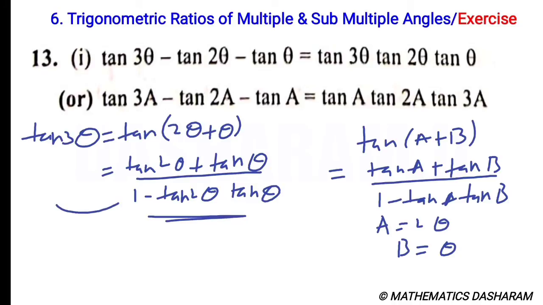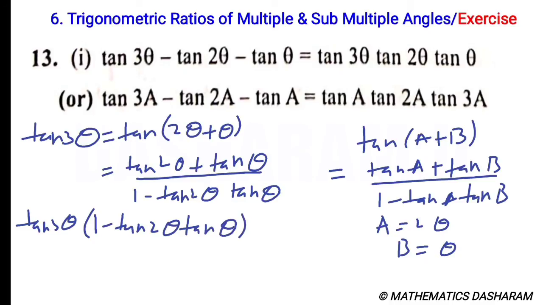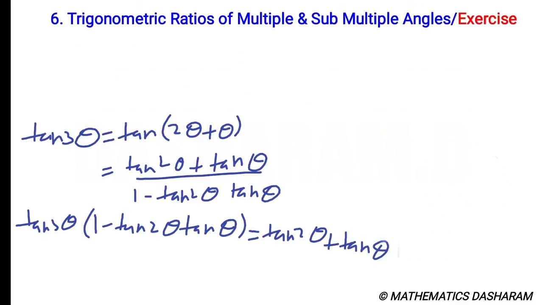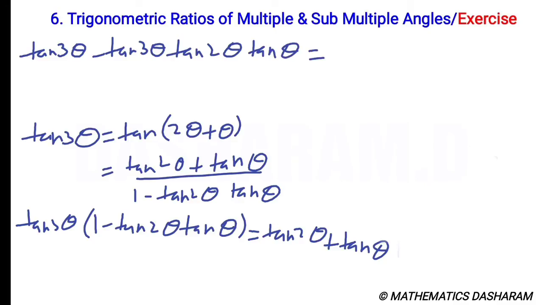Now this denominator is transposed to the left side. So then tan 3 theta bracket 1 minus tan 2 theta into tan theta equals tan 2 theta plus tan theta. So now tan 3 theta multiplied inside: tan 3 theta minus tan 3 theta into tan 2 theta into tan theta equals tan 2 theta plus tan theta.